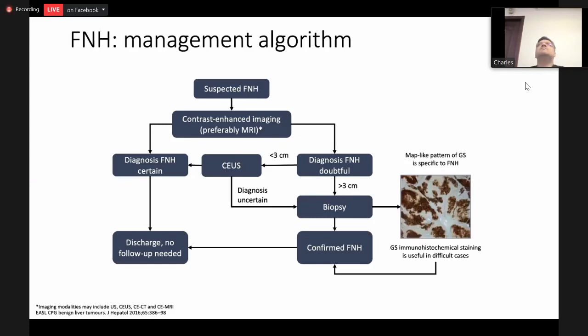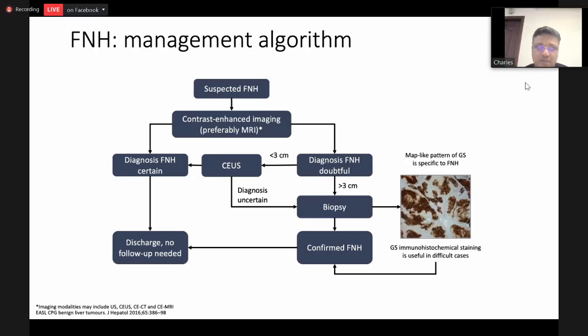Okay, Charles, your comments please. No, sir, we did not hear you. We just heard you saying that there's a vascular scar at the center. Somebody in the chat box asked why there is a central scar in the FNH. So I was trying to answer that question. You can answer that. As sir said, it's a vascular malformation.